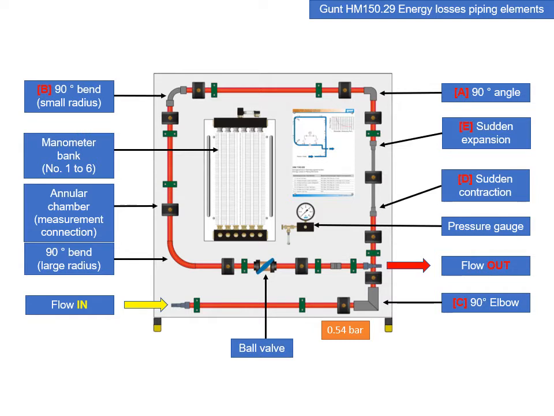We then travel along horizontally and pass through the 90-degree bend with a small radius. Then we go down through, passing another couple of annular chambers, and then finally get into the 90-degree bend with the large radius. We then pass through another annular, a ball valve, another annular, and then we exit the rig, and the flow travels down into the catch tank or the measurement tank in the base module.